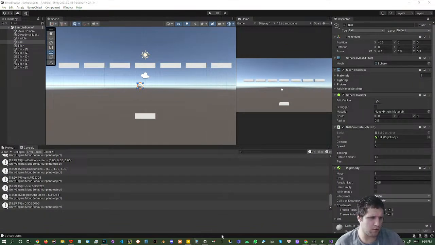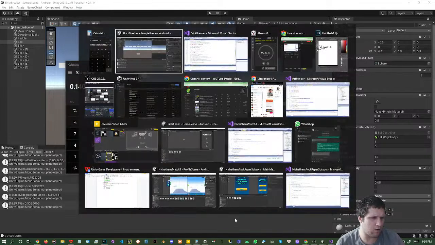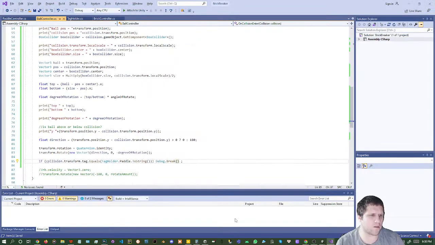So what is this? 0.75 divided by 5.34. Okay. Huh. And the top and the bottom is the ball position, the center.